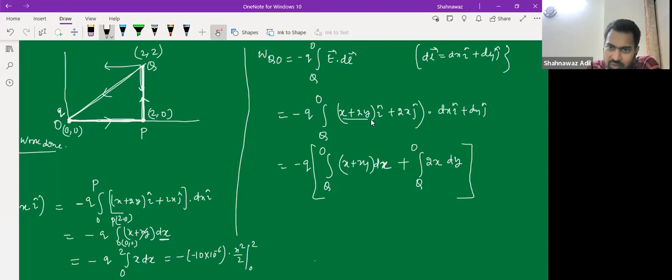So (x plus 2y) i dot dx i, so i dot i will survive. So this is the i part, (x plus 2y) dx. And this is j dot j will survive. i dot j will be 0, j dot i will be 0. So 2x dy. Is this clear?